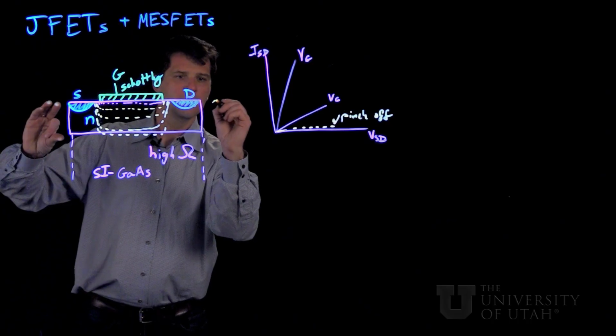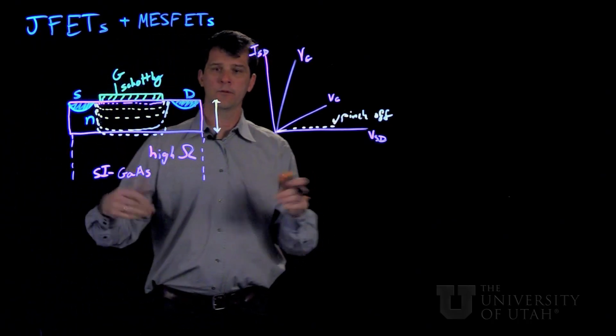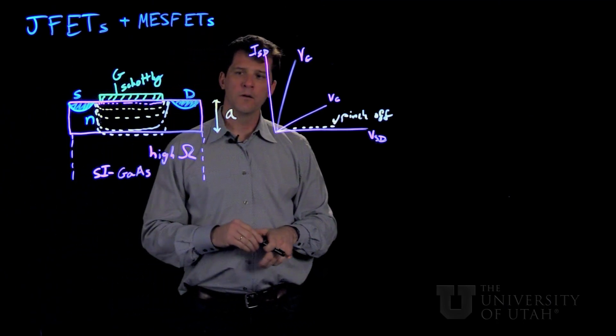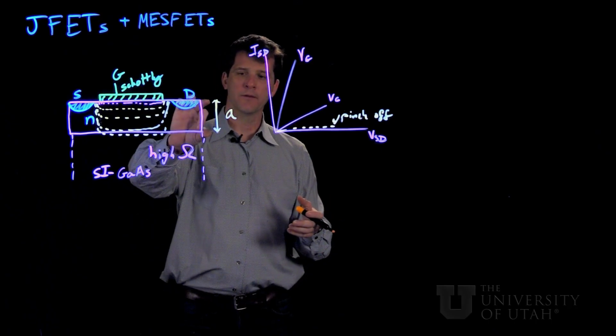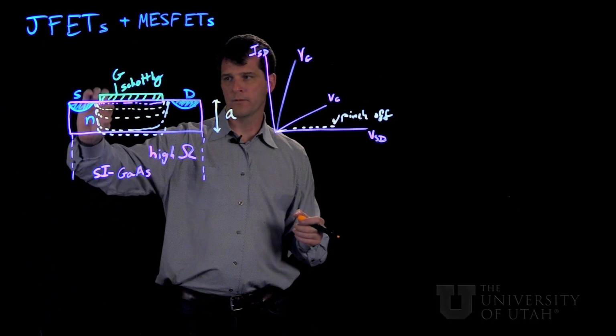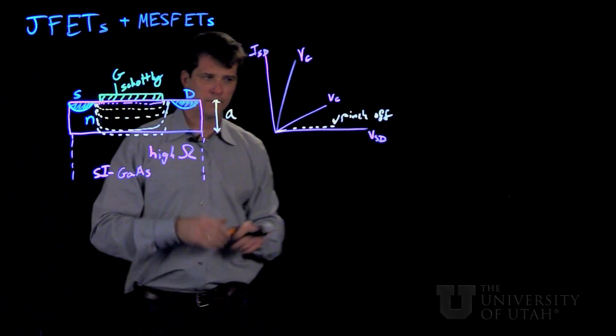So conceptually relating it back to the JFETs we just talked about, the MESFET structure I've drawn here would have only one, an active region thickness of 1 times A, but the physics in terms of pinching off the channel as a depletion width moves in is exactly the same.